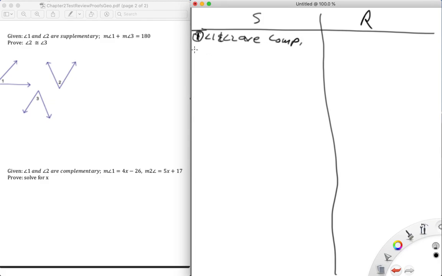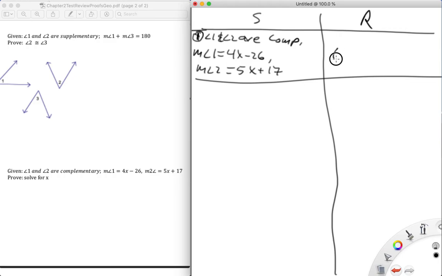We're also given that the measure of angle 1 is equal to 4x minus 26, and the measure of angle 2 is equal to 5x plus 17. All that's given to us.